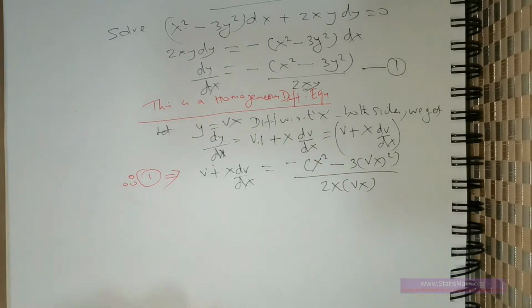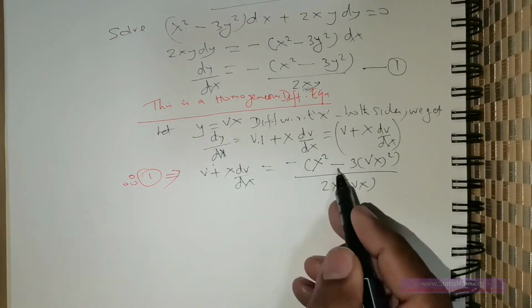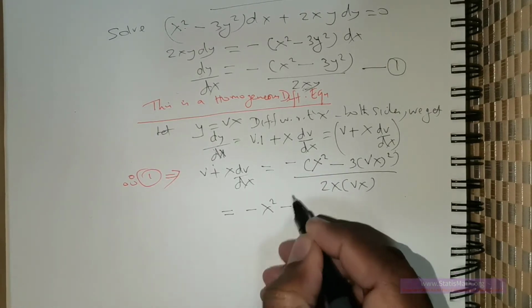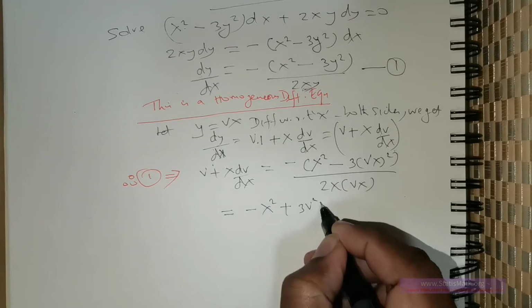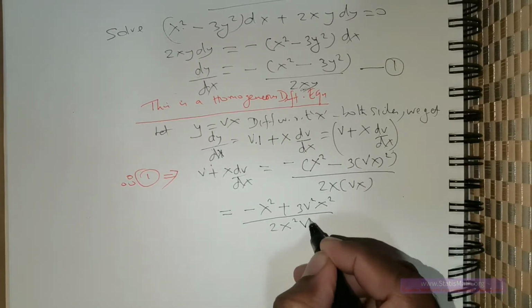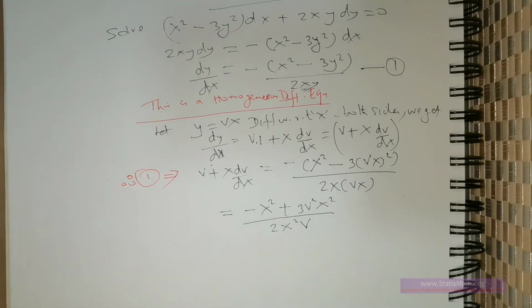Of course we can remove the negative sign by removing the parenthesis. So this is equal to negative x squared plus 3 times v squared times x squared divided by 2 times x squared v. Okay, this is what you have got.